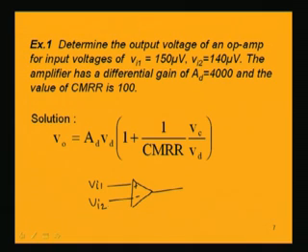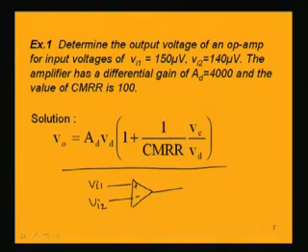So, as per the description we have just seen, V naught, the output voltage, is given by the expression Ad into Vd within bracket 1 plus 1 by CMRR Vc by Vd. In this expression we can plug in the given values for the terms. So, what are the values given? Vi1 is given, Vi2 is given and the differential gain is given.